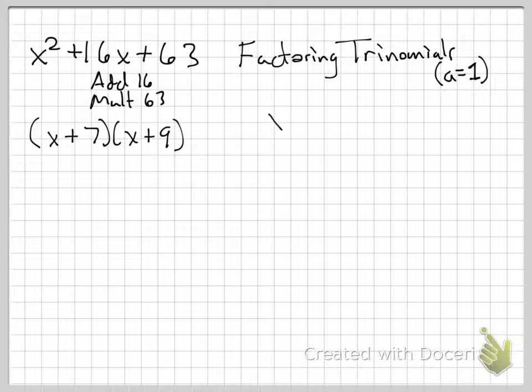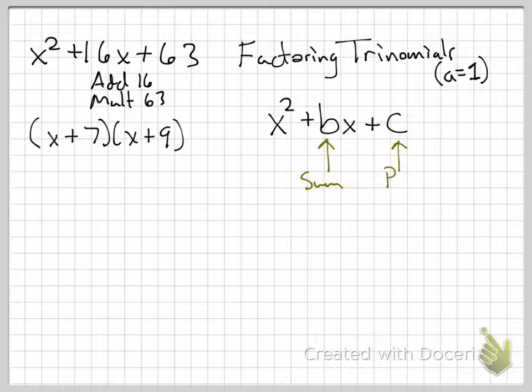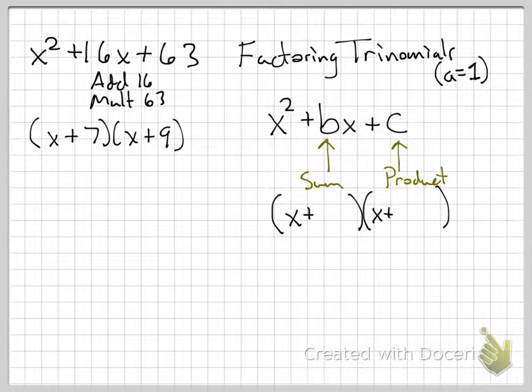But we could say that for x squared plus bx plus c, we have the sum and the product of what our factors would be. That's going to be the rule we're going to use.